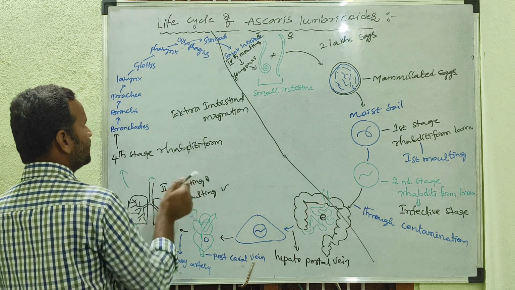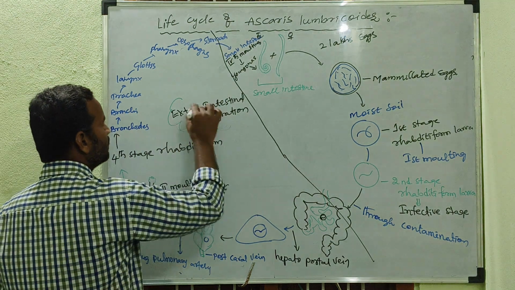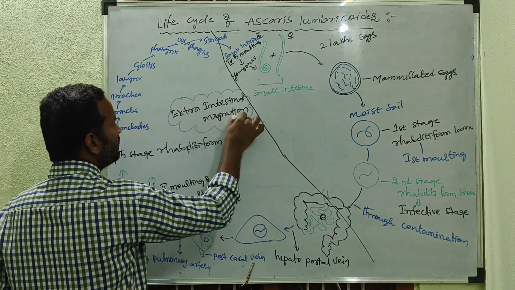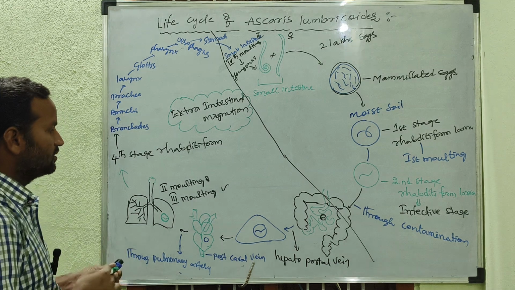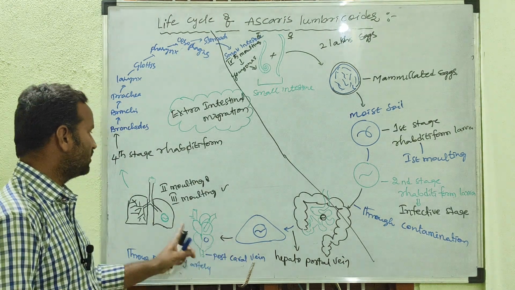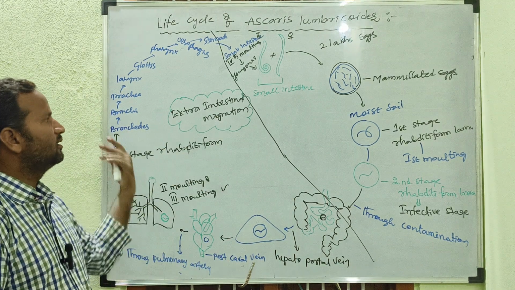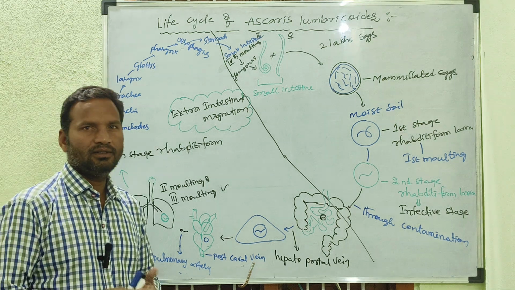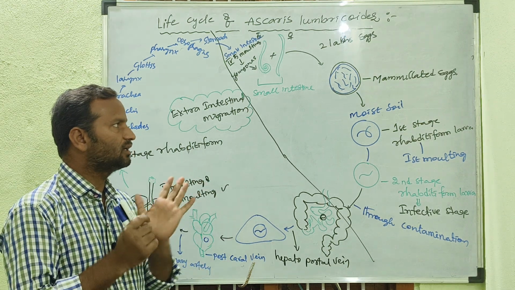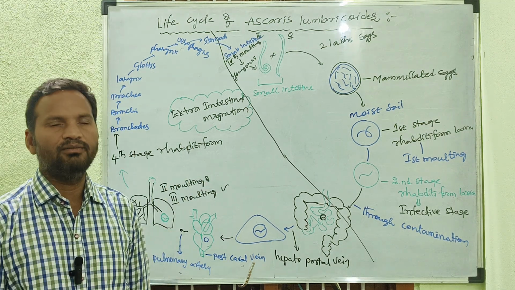You know what this means? Extra intestinal migration means outside the intestine, meaning liver, heart, lungs, which exclude the intestine. This is about the life cycle of Ascaris lumbricoides.